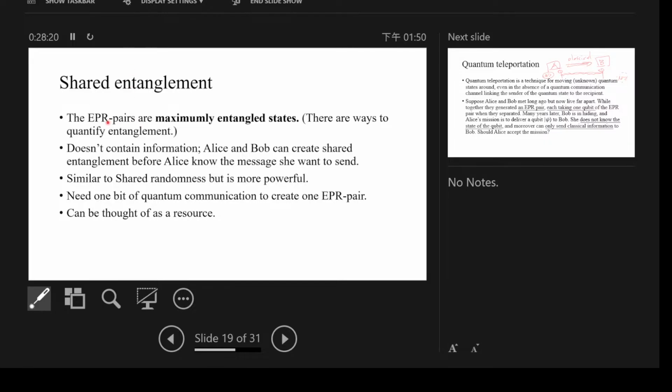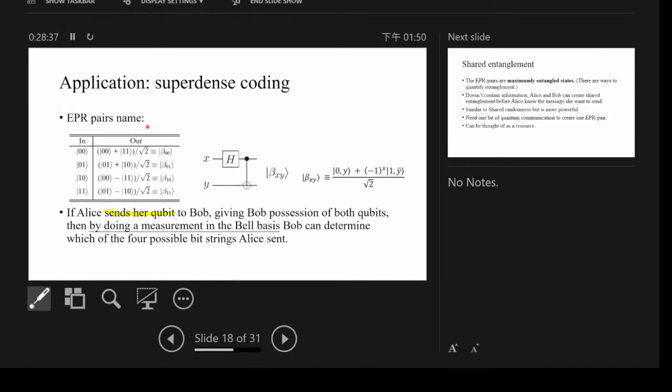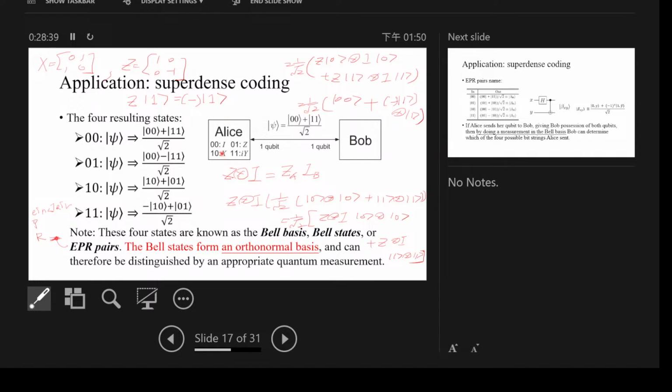The second point about sharing entanglement I want to make is that it doesn't contain information. We already said this before, but it's a good part about sharing entanglement: Alice and Bob don't need to know their message, so the shared state doesn't depend on your 000111011.